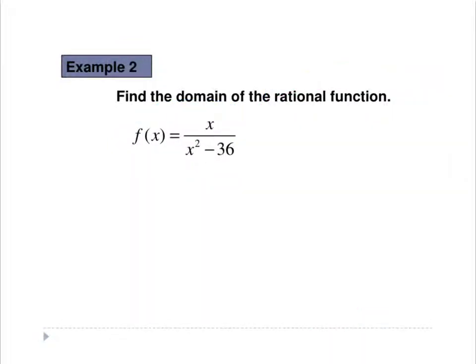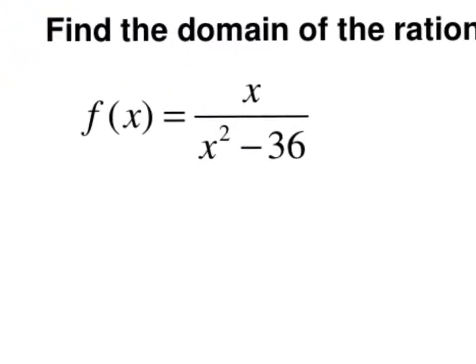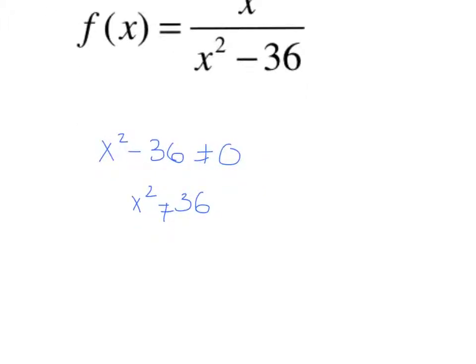So here we want to find the domain of the rational function. What could I do here? Okay, so set the denominator not equal to 0. I have a couple options here. I could either start solving for x or I could factor. Your choice. But I'm just going to bring 36 over, take the square root of both sides, and we end up with what?